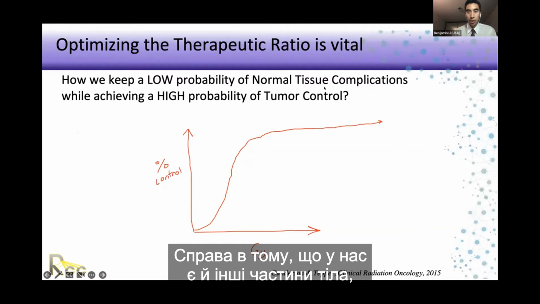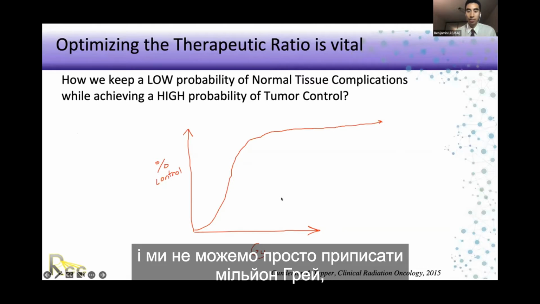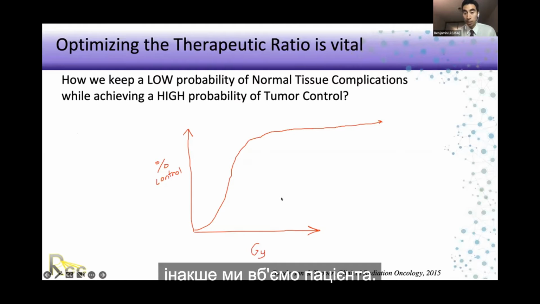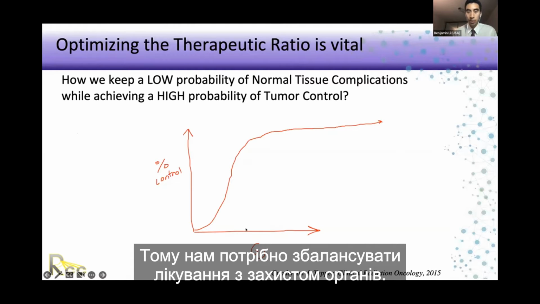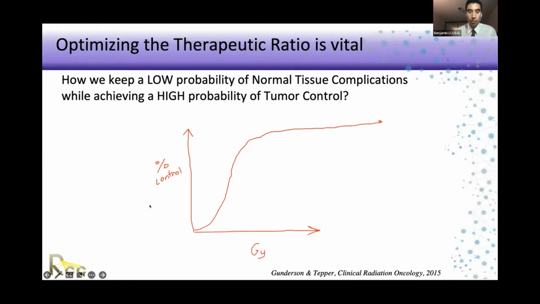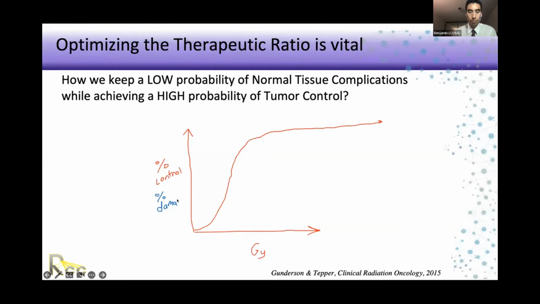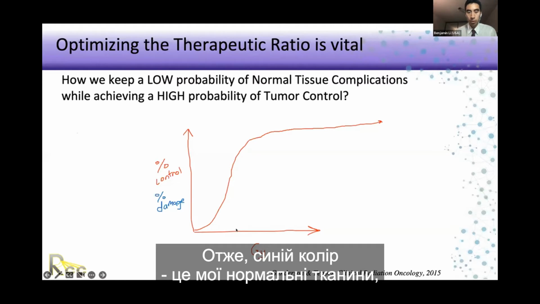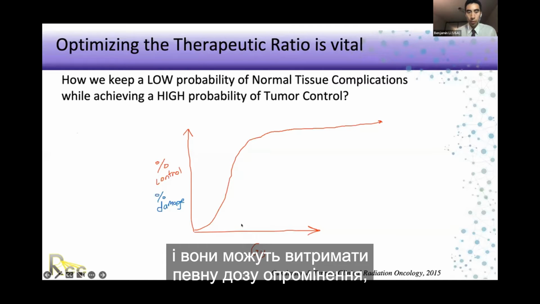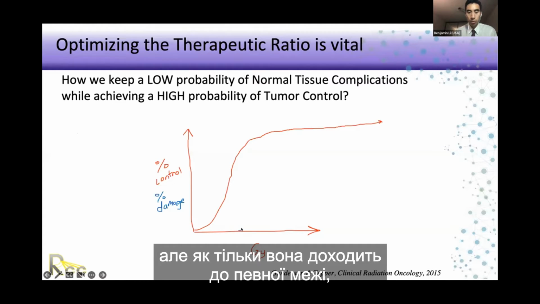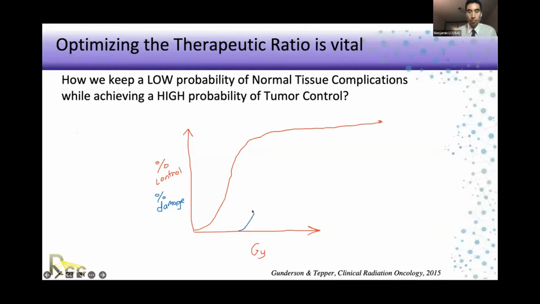Well, the thing is, we have other parts in our body, and we can't just give a million gray treatments, or else we'll kill the patient. So we need to balance this with our normal tissues. And so there's a separate line here that is damage. Blue is my normal tissues, and they can tolerate a certain amount of dose, but once it gets to a certain point, we start to feel damage.